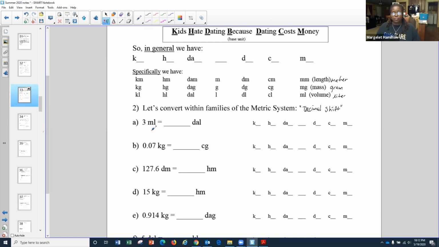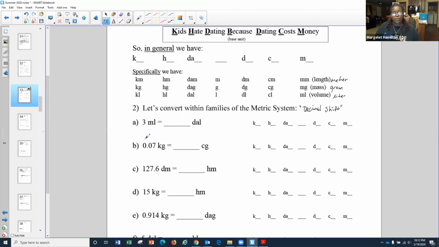Let's start off. You see they gave us our structure, and this is what you'll do. When they ask you to convert, go ahead and write out your structure. It helps you to remember. While you're writing it, I suggest that you say them, because the act of writing it and saying it helps solidify it in your mind.